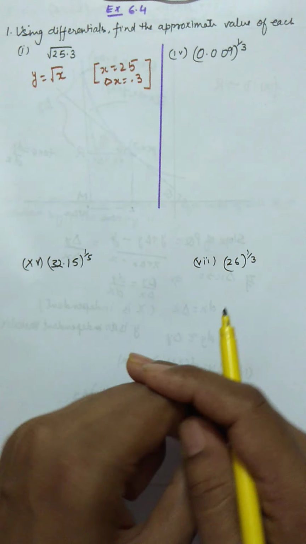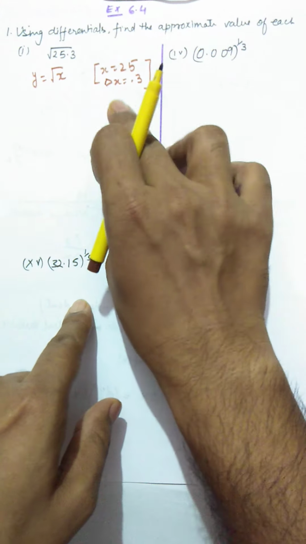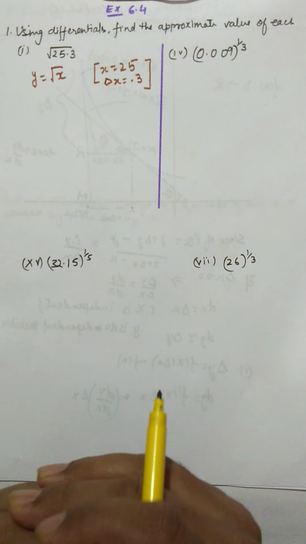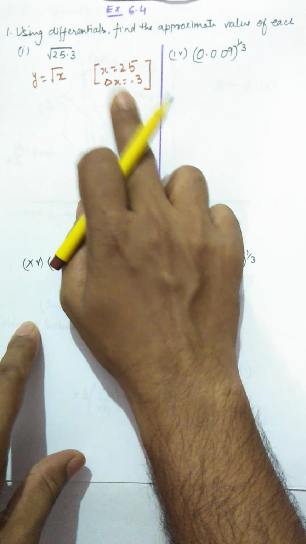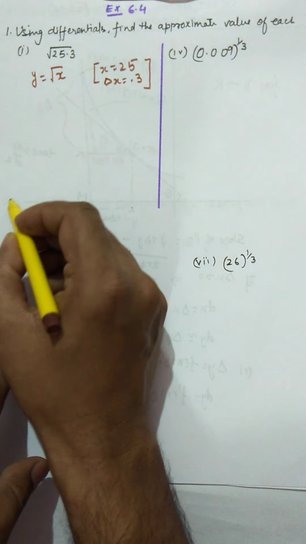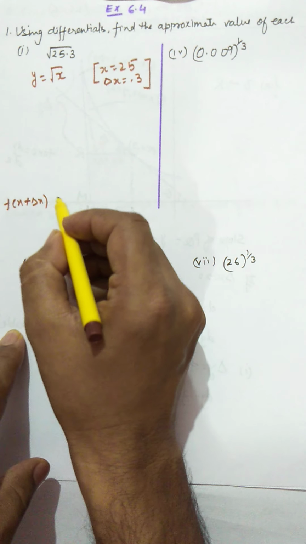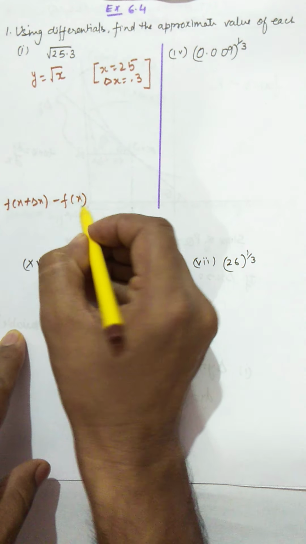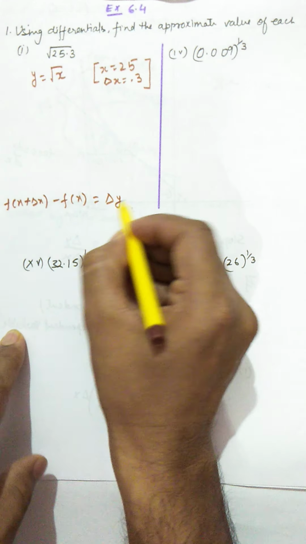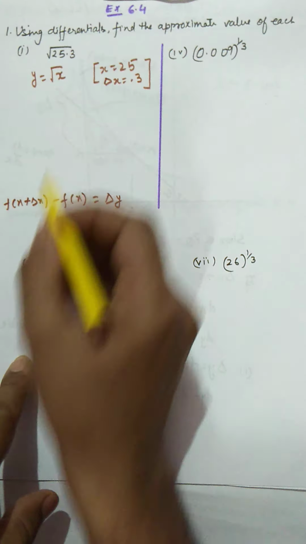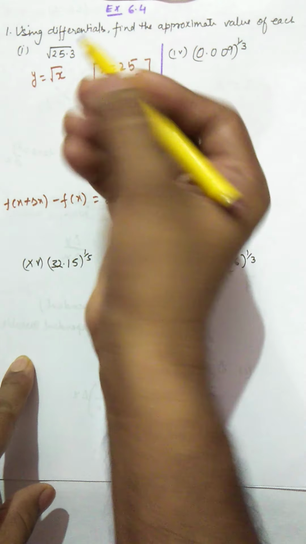The choice of x and Δx will depend upon the given value. So what we have to calculate is f(x + Δx) minus f(x), which is equal to Δy.